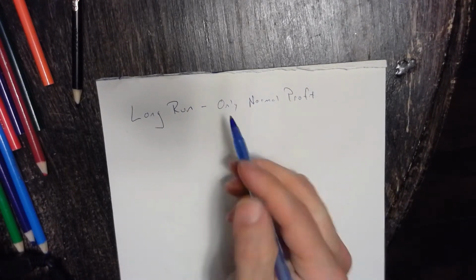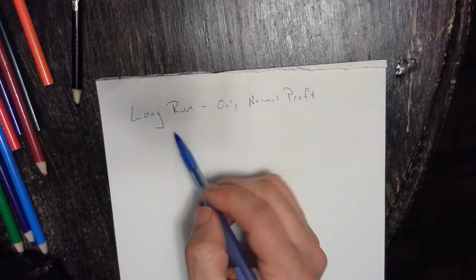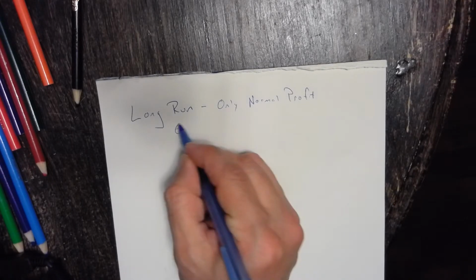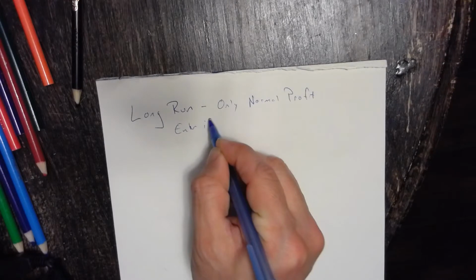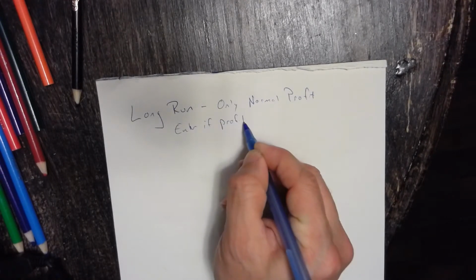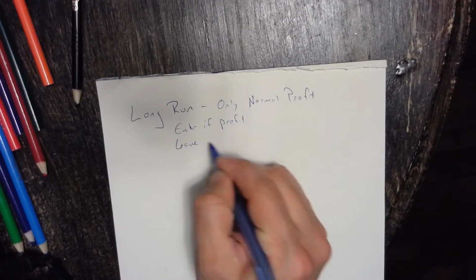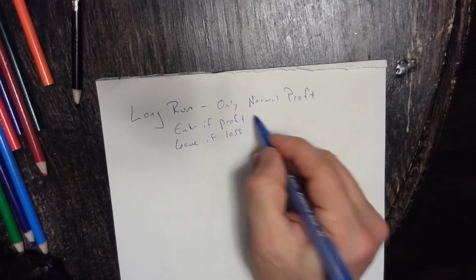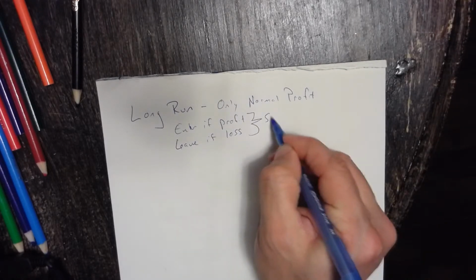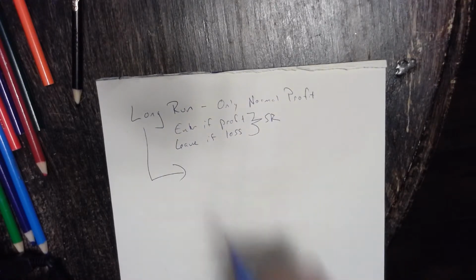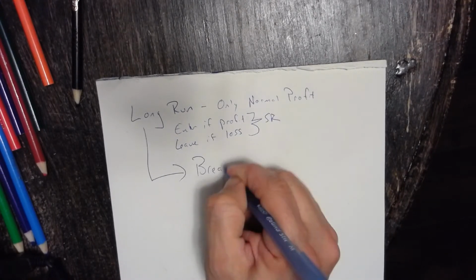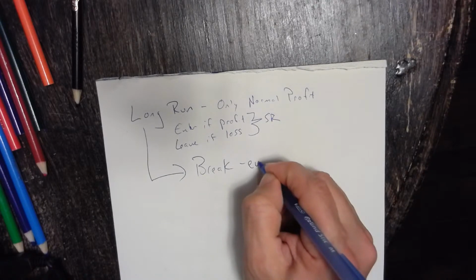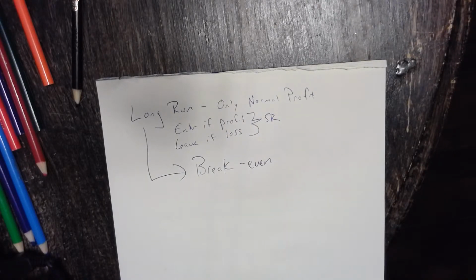They will, in the long run, they will enter if there's profit, and of course they will leave if there is loss. All right? But this is short run. In the long run, ideally, you always break even. All right?